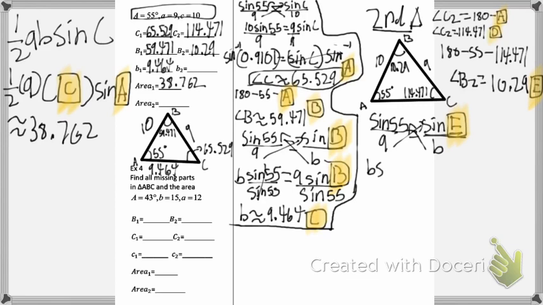So B sine 55 equals 9 sine E. Sorry if that's not a good E. And now let's divide sine 55 from both sides because we want to get B alone on the other side.